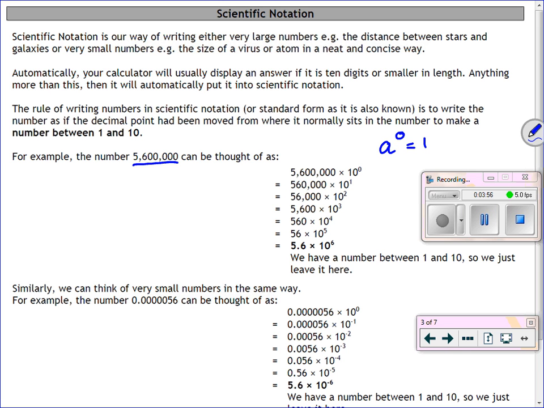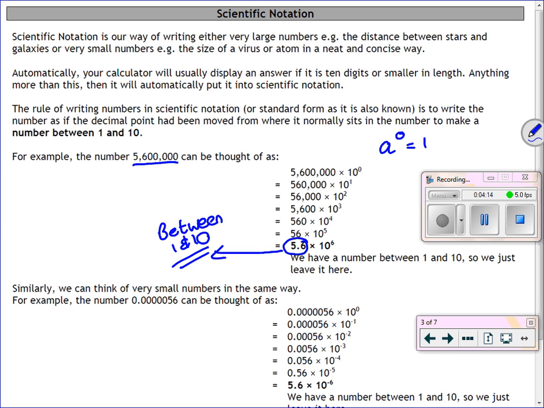And we keep that process going until we get to that last stage, where we have a number that's between 1 and 10. Once we get that number, that's when we stop.